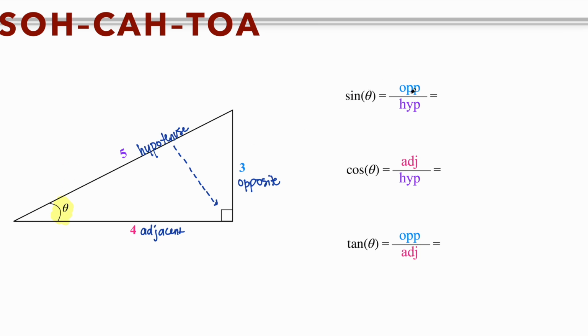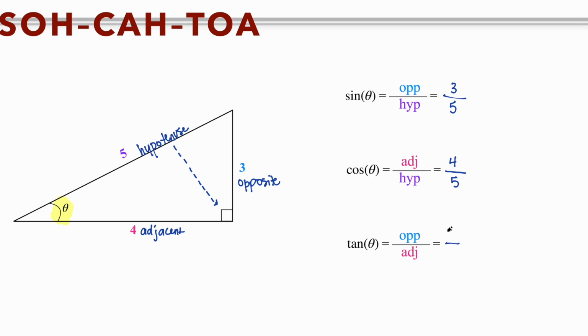So the sine is the opposite over hypotenuse. Well, the opposite is 3 and the hypotenuse is 5. So the sine of this angle is the ratio of 3 over 5. Cosine of this angle is my adjacent, which in this case is 4, divided by my hypotenuse, which is 5.